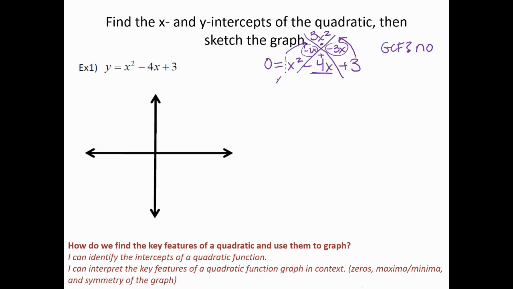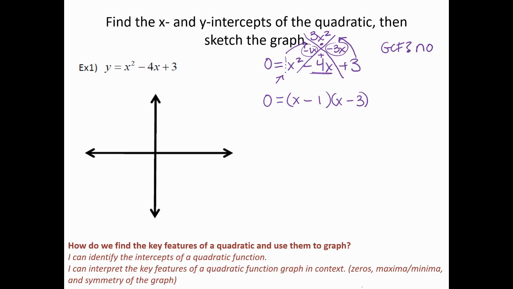Since we have that nice fabulous 1 in front, we are able to go straight to an answer of parentheses here, and I use my variable and put it in the front, and then those special numbers, I'm just going to take the number part and fill them in my parentheses. So (x - 1)(x - 3).